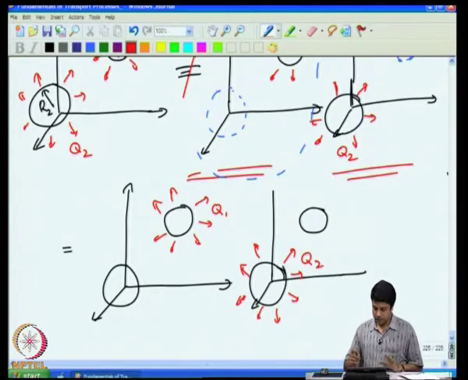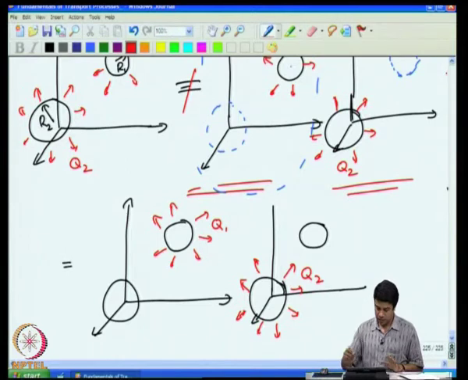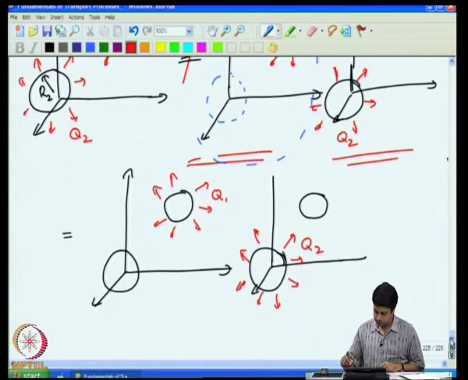This is a valid way of doing linear superposition, because the boundaries are the same in both problems, and if I add up the fluxes coming out from the two configurations, I get the flux for the original problem. So long as I do not change boundaries, I can always do linear superposition.